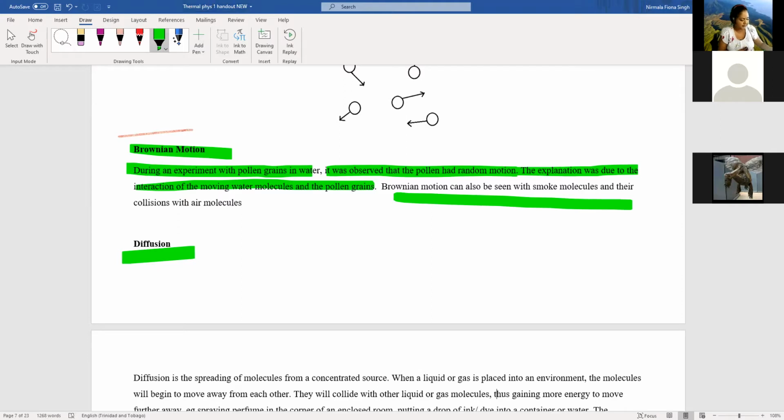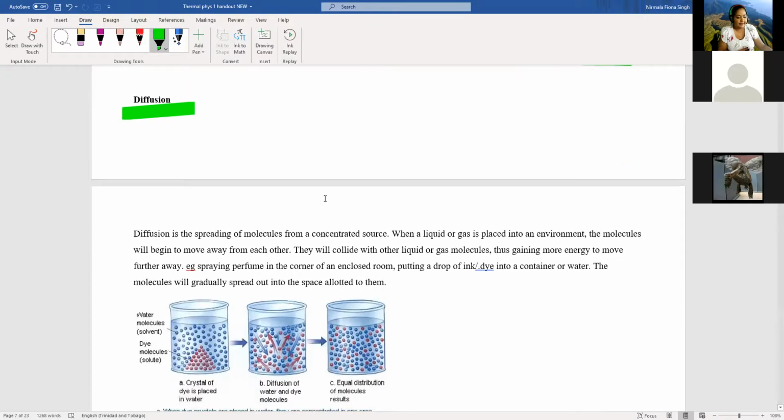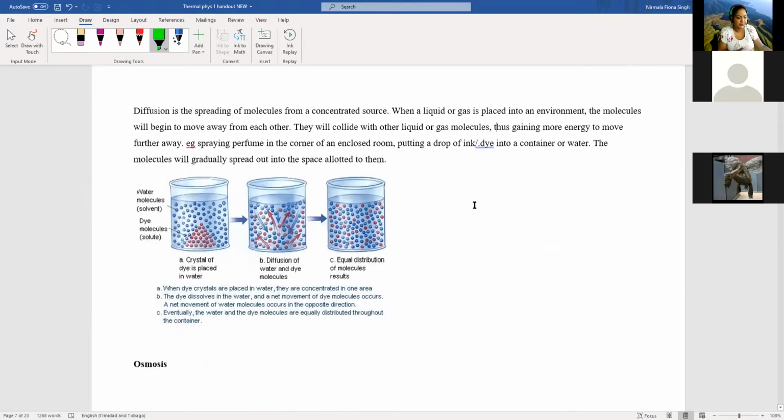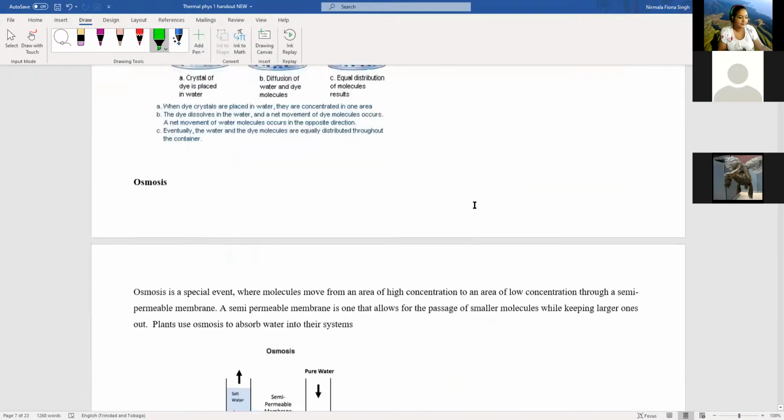Diffusion. See how I said physics is everywhere? It is everywhere. Diffusion. You all know of diffusion. This is chemistry and biology too. It's essentially traveling from high concentration to low concentration. I'm not even going to go through that. You all could read up on diffusion.